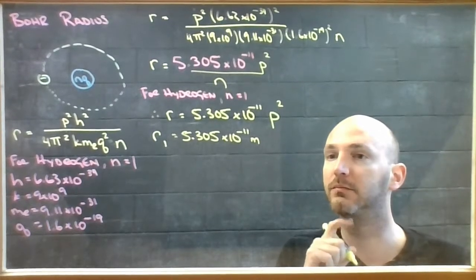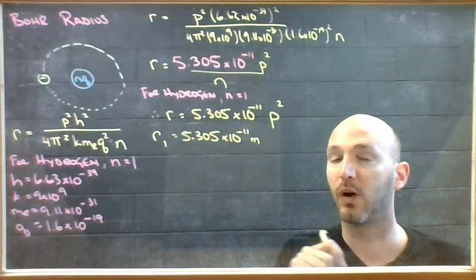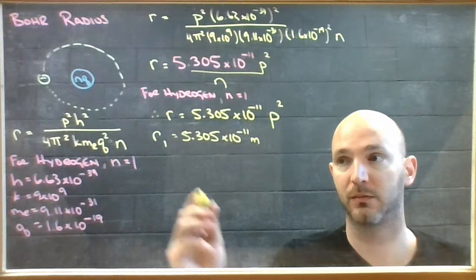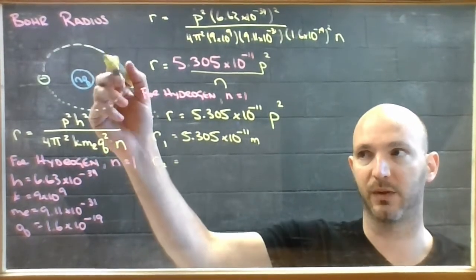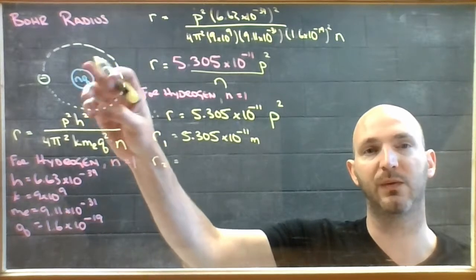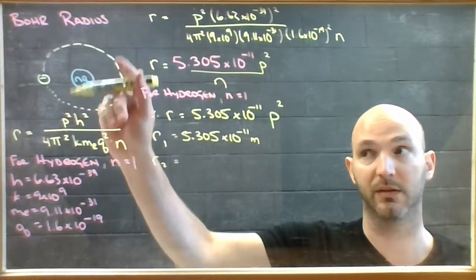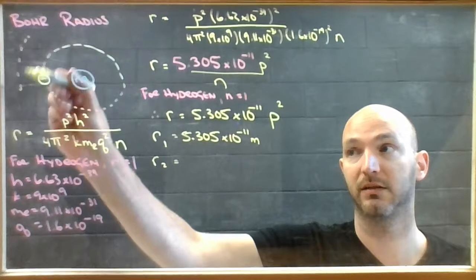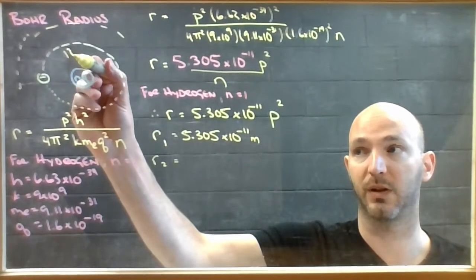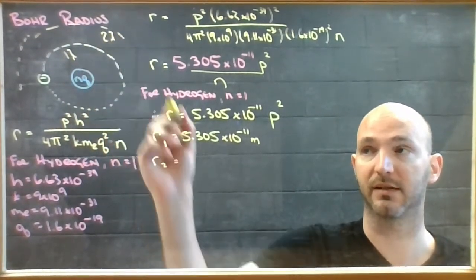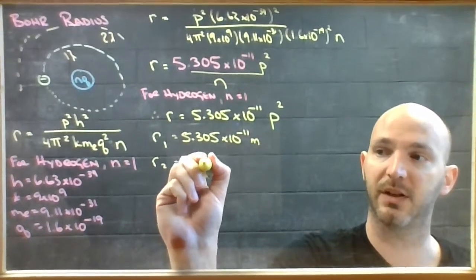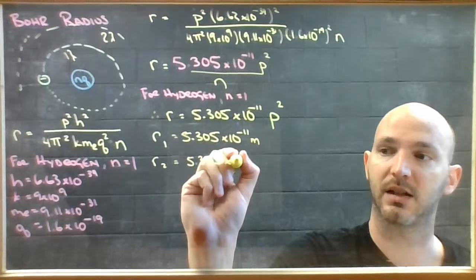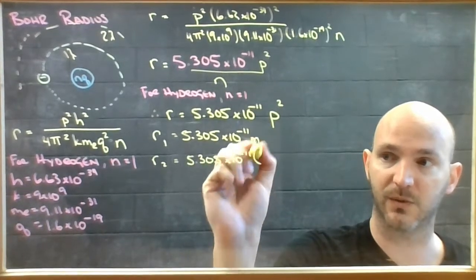Okay. Well, how about my second orbital, r2? Well, the second one that would fit would mean that I'd need 2 full wavelengths. So it's longer, which means it's going to have to sit out here. So this one was 1 wavelength. This is 2 wavelengths. So I'm going to take that 2 and I'm going to park it in here. 5.305 times 10 to the negative 11, 2 squared is 4.